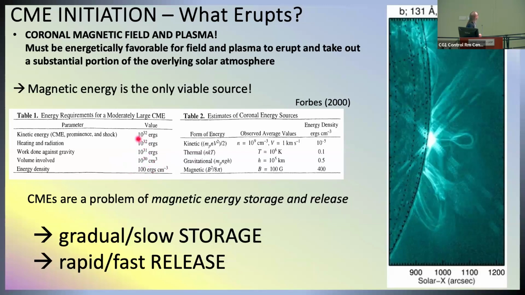So if you take 10^32 ergs and a volume of 10^30 centimeters cubed, you get an energy density requirement for one of these big CMEs of something like 100 ergs per cubic centimeter. And if you look at various energy terms for characteristic coronal values, you look at motions in the solar atmosphere.